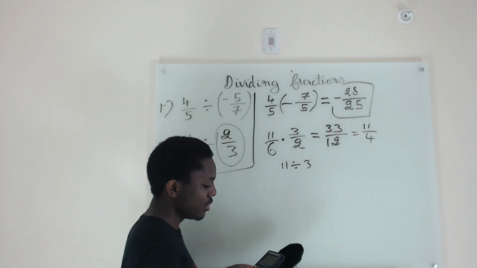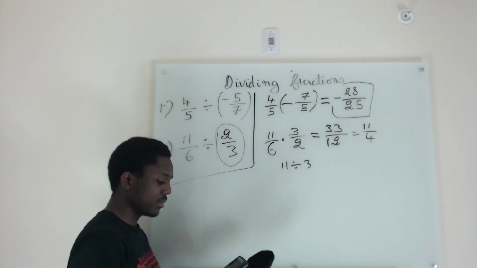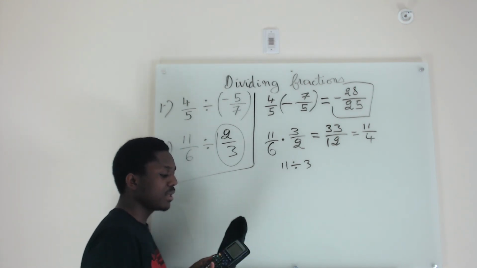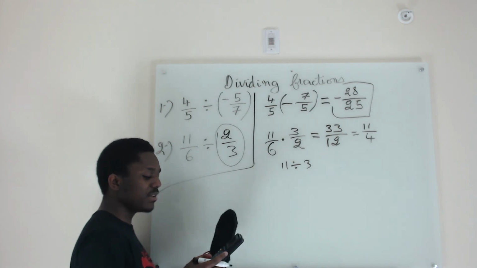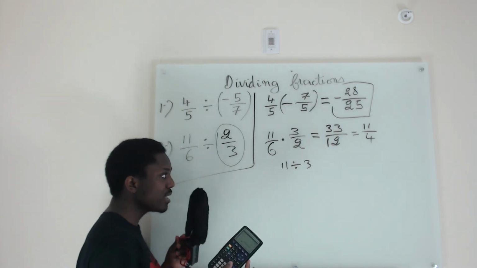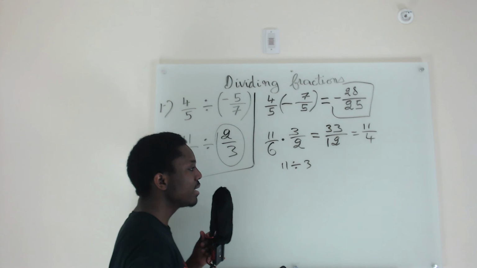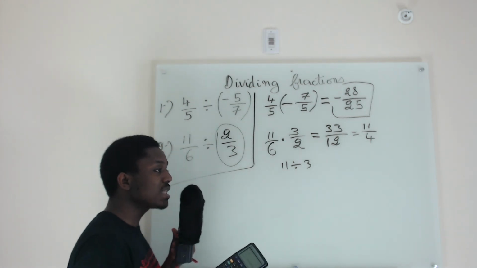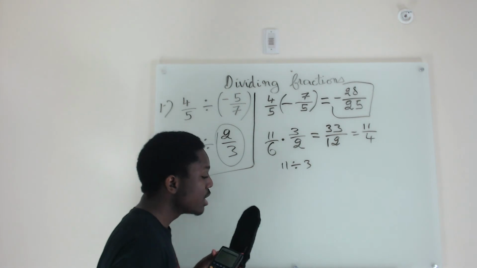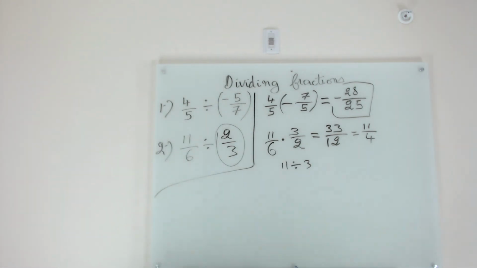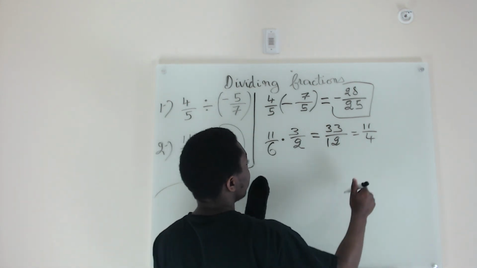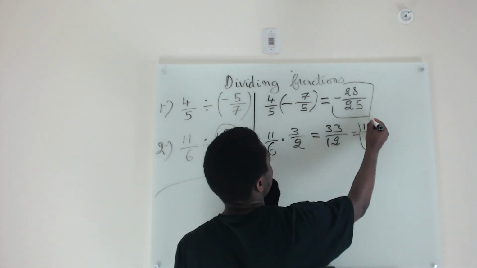It's also a decimal, so I try 5. It's also a decimal, so I try 6, then 7, also a decimal. 8 and 9, we have to try until 9, and it's also a decimal. Since we just keep getting decimal numbers, this fraction right here cannot be simplified any further. So the final answer is 11 over 4.